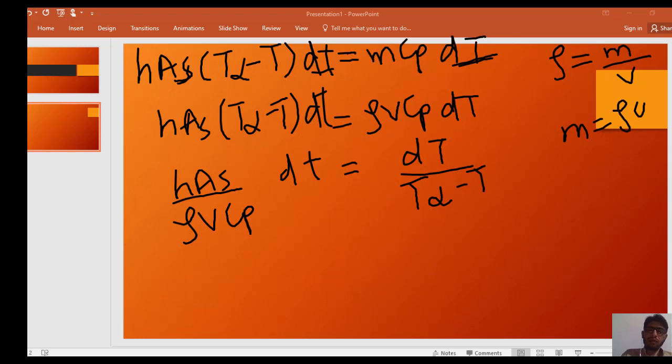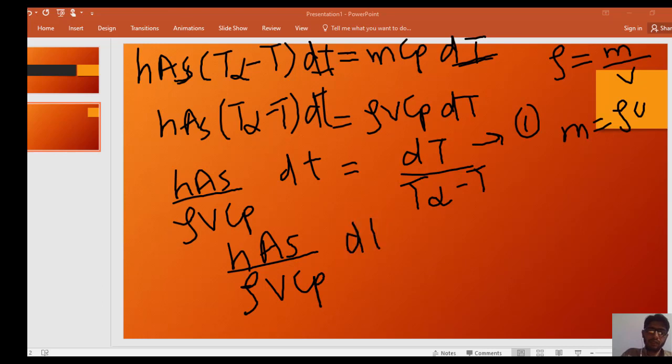Now integrate, suppose this is equation 1. Integrate equation 1, we will get h, the heat transfer coefficient, times area, divided by density, volume, heat capacity of the material, integrated over time from 0 to some time, and the temperature integrated from T infinity to some temperature.